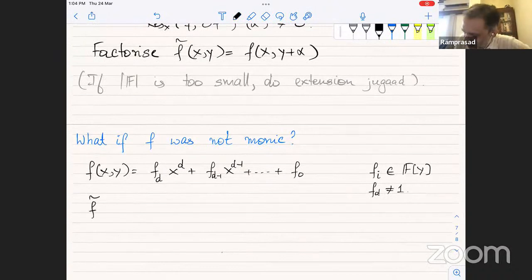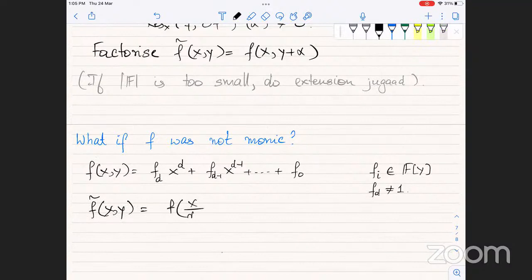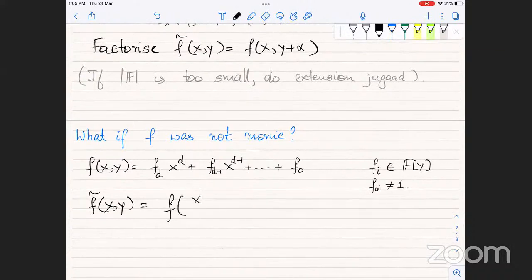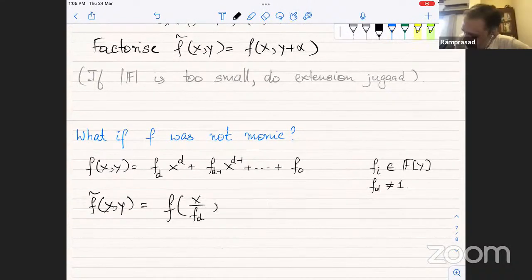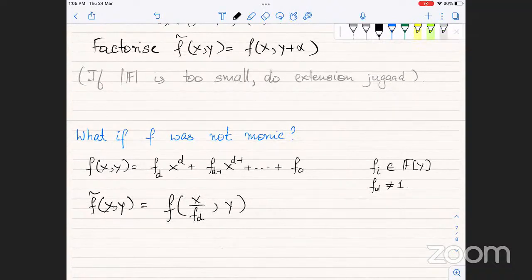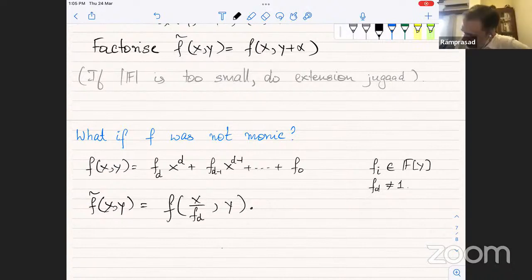You work with the following polynomial, f of x comma y, which is, you do the following. You look at f of x by fd comma y. And because there are these stupid divisions that are involved, now I'll multiply this with fd power d minus 1.